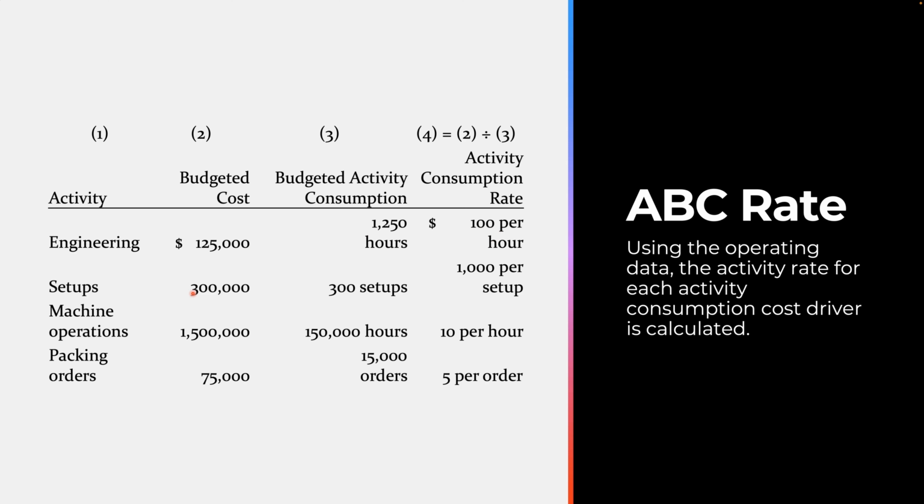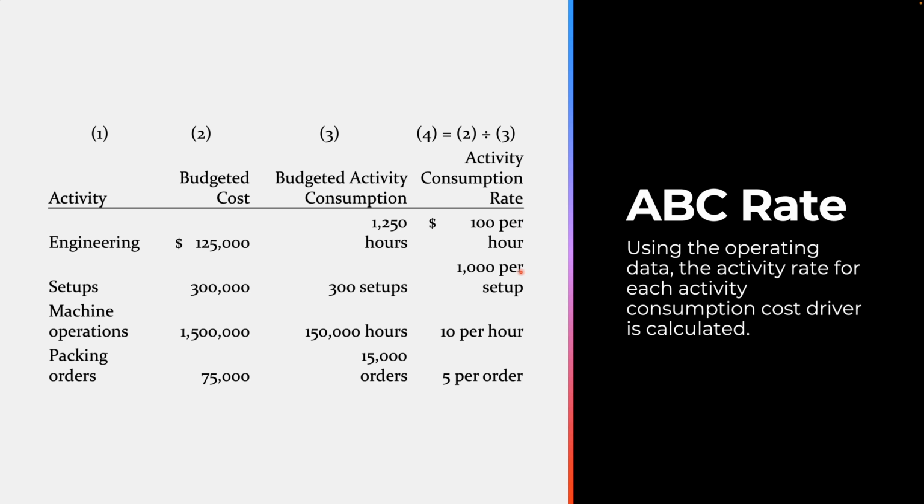We could also take the setup cost of $300,000, divide it by the number of setups, and we get a cost of $1,000 per setup. Machine operations is $1.5 million, divided by 150,000 hours, and we get a cost of $10 per hour. Finally, packing orders of $75,000 divided by 15,000 orders is $5 per order.